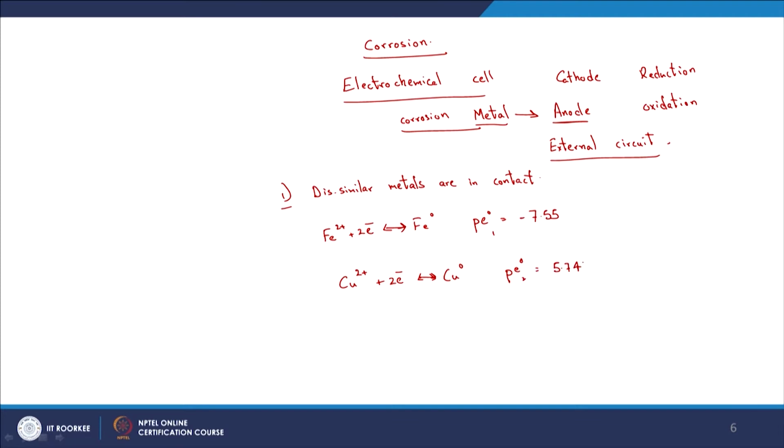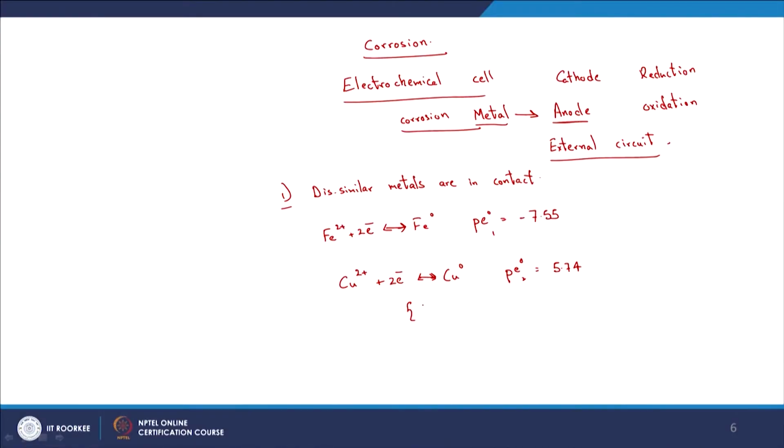Let's assume the Fe2+ and Cu2+ activities are equal to 10 power minus 3, work out the relevant pe values and compare them to see which metal will be oxidized, or which metal will be corroded.